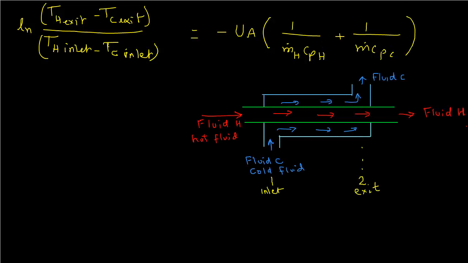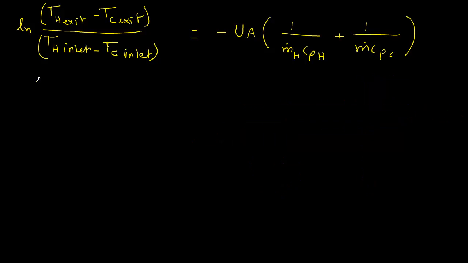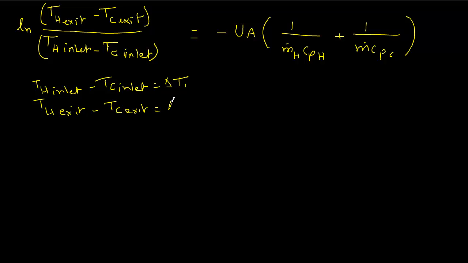Now recall from the heat exchanger, the inlet side we will call 1 and the exit side 2. So Th inlet minus Tc inlet is delta T1, and Th exit minus Tc exit is delta T2.